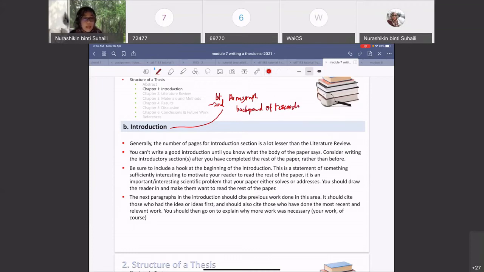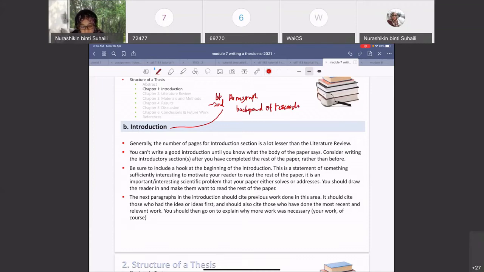In the abstract just now, your background is only described by one sentence: laccases are enzymes that have wide applications. But in the introduction, you should put at least one paragraph, elaborating more. So what are the applications, examples of application? That's the elaboration.